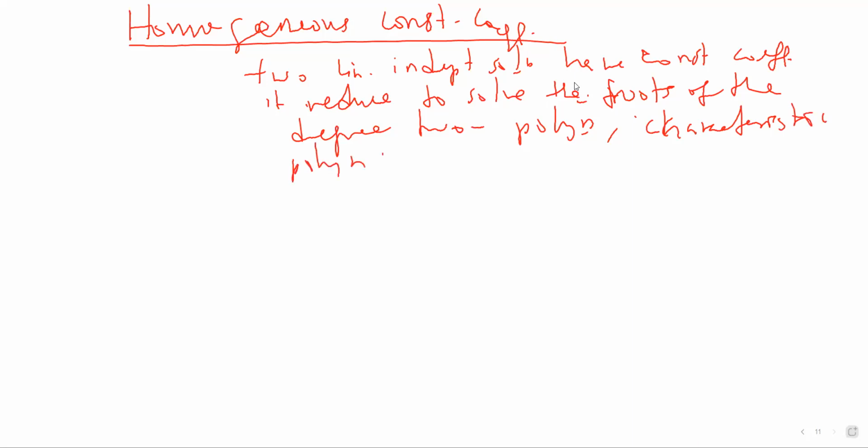What is this characteristic polynomial? So, roots of the characteristic polynomial.